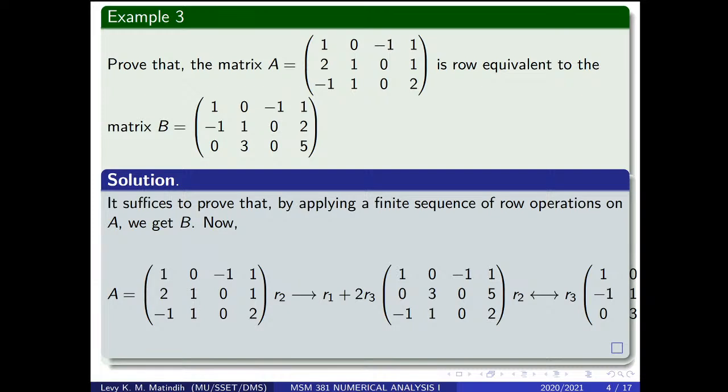So our matrix A is this matrix. Now, let's look at row number 2 of matrix B and row number 2 of matrix A. If you look at these matrices, they are different. But if you look at row number 2 of matrix B and row number 3 of matrix A, they are the same.